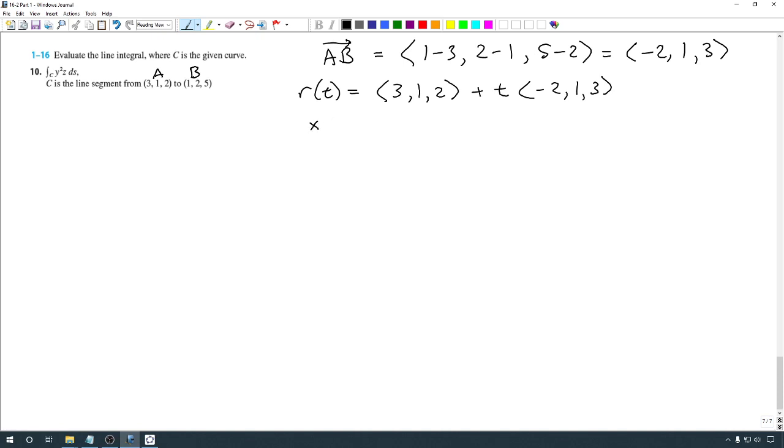Or in other words, if we write this out, x, the first component, is going to be 3 plus negative 2 times t, so 3 minus 2t. y is going to be 1 plus 1 times t. And z is going to be 2 plus 3 times t.